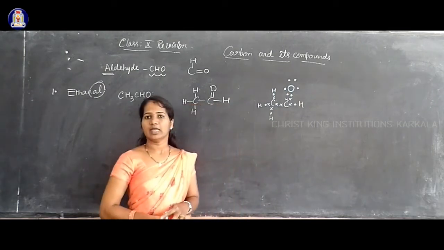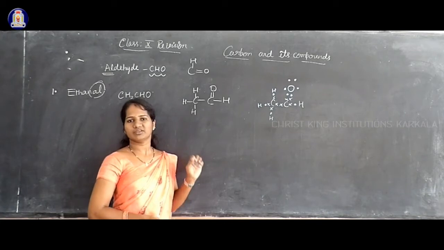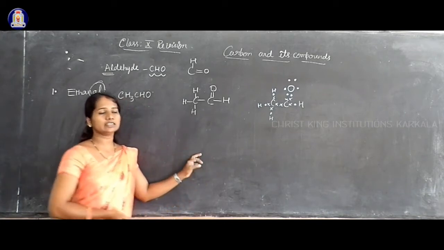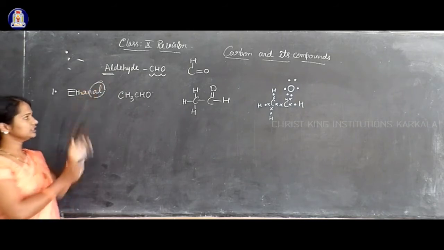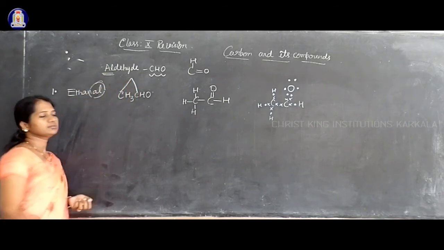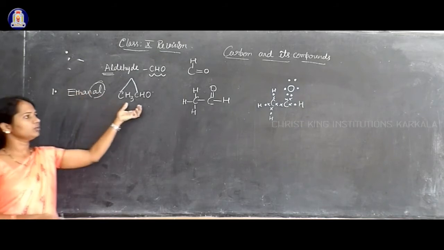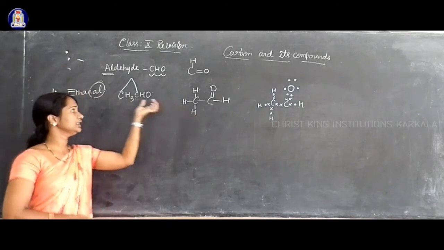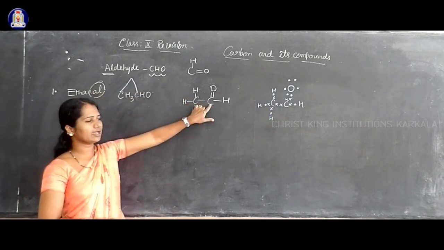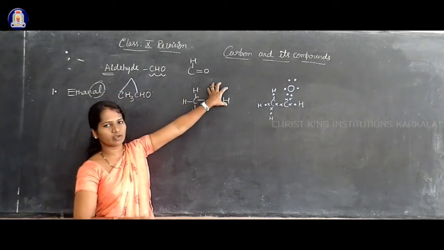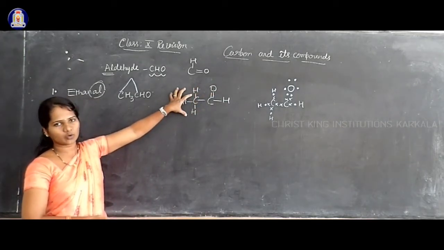This is the electron dot structure of the first compound of the aldehyde family. It is called ethanal because there are 2 carbon atoms present. To write the formula, first write the structure. Eth means 2 carbon atoms, and this carbon atom represents the functional group. Complete the valency by writing hydrogen.